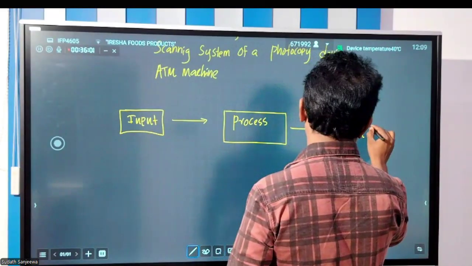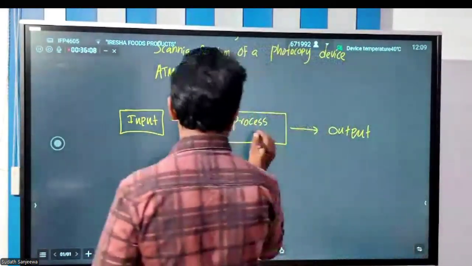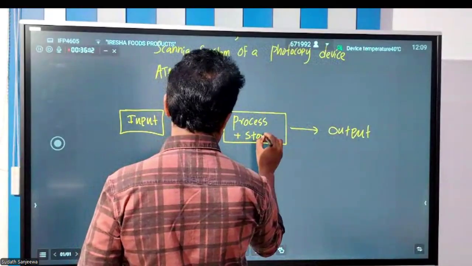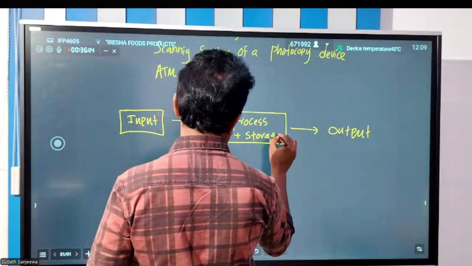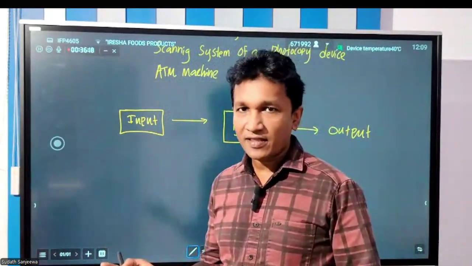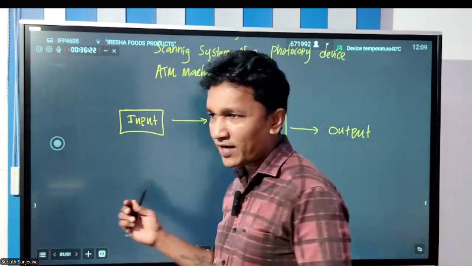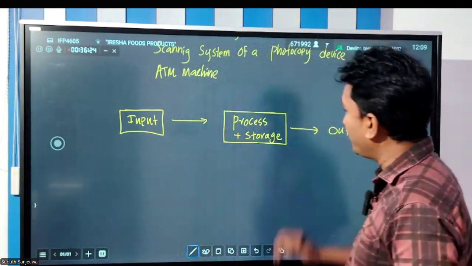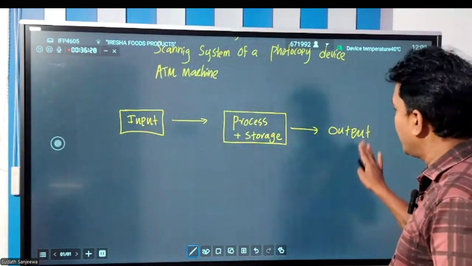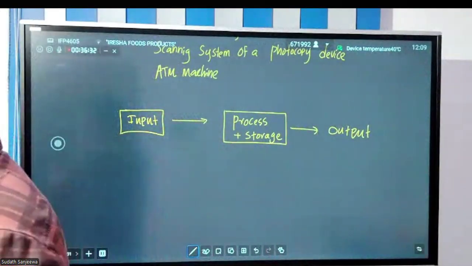So then where is the storage? Right, so here is the storage, process and storage. දැන් එයා process කරන ටික temporary storage කරගන්නත් බැහැ නේ නැත්නම් output එක අපි හිතමු available දෙන්නේ නැත්නම් එයා store කරන්න ඕනේ. Therefore there should be a storage. Input, process and storage at the output. That is a block diagram for this one.